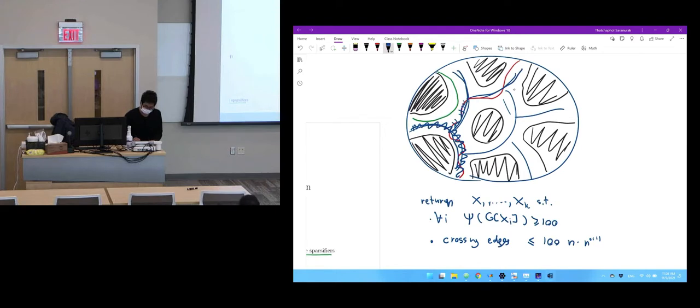So the number of edges crossing expanders is not too much, and then we proved that even the part that we trim out further is just a constant factor away from the number of intercluster edges.